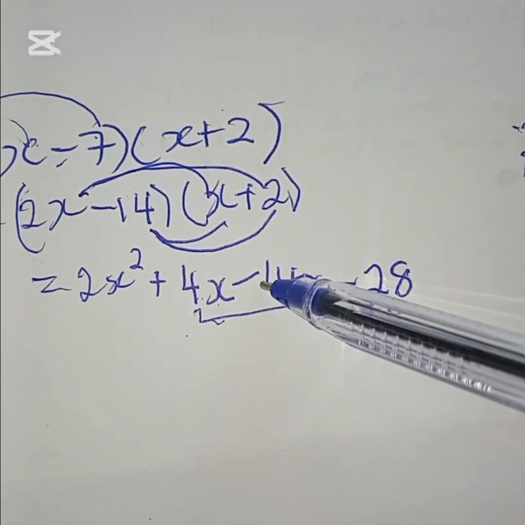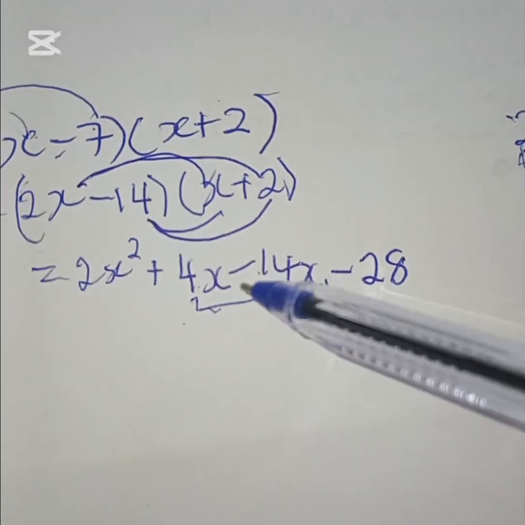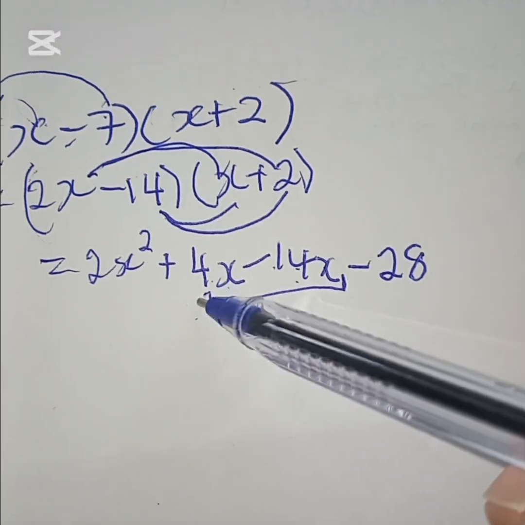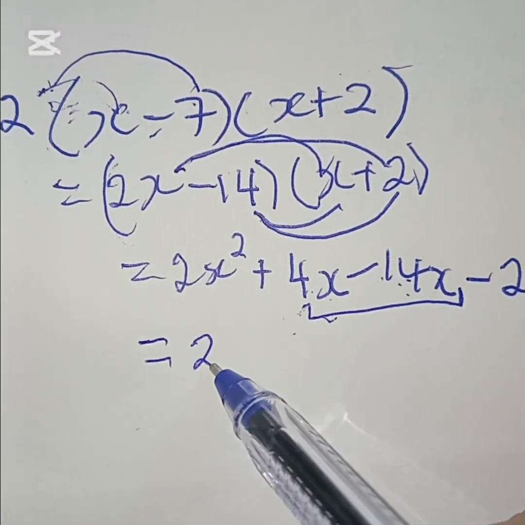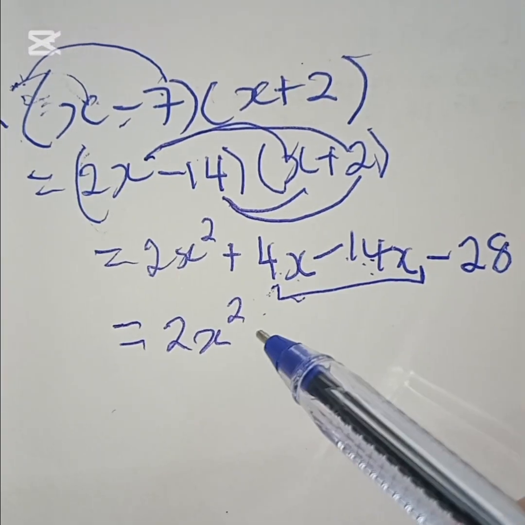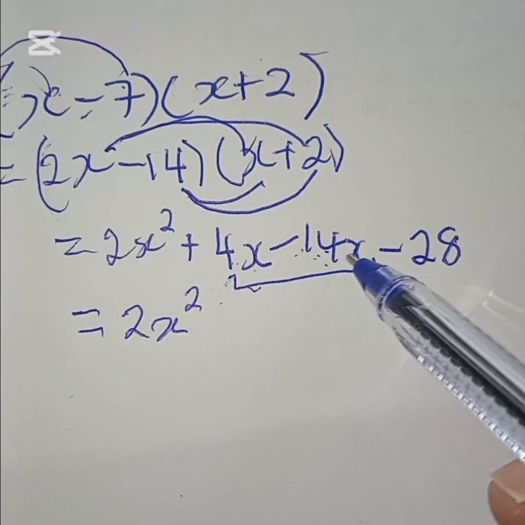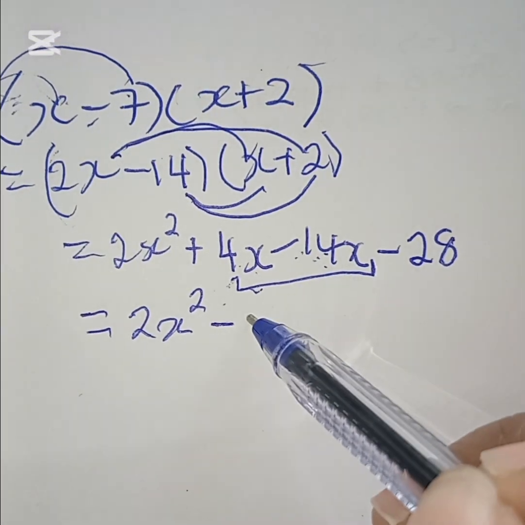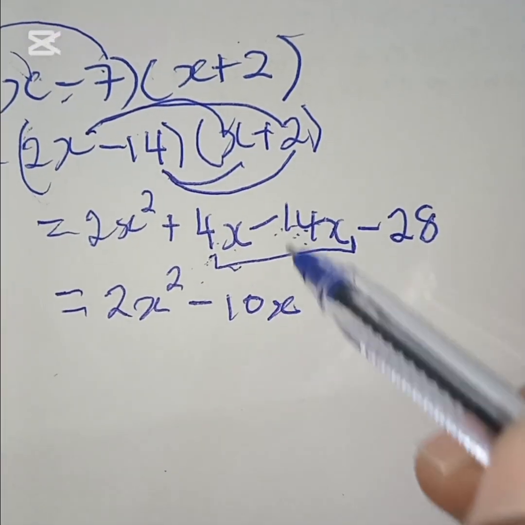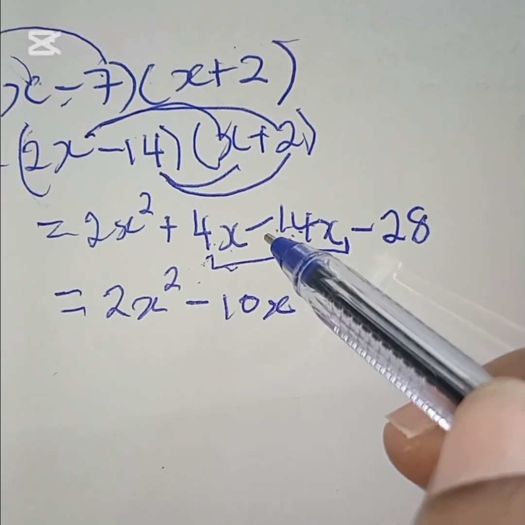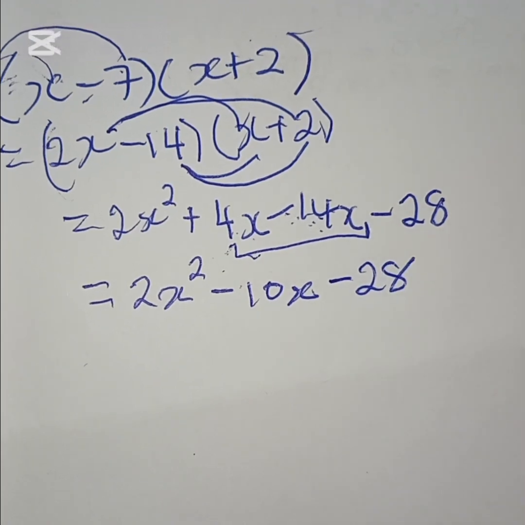Now 4x minus 14x, we have a positive and a negative, or a small number minusing a bigger number. You subtract, get the bigger one, subtract the smaller one, and put down the sign of the larger number. So our final answer will be 2x squared. 4x minus 14x is negative 10x. 14 minus 4 is 10, and the sign of the larger number is negative 14, so negative 10x, and minus 28.